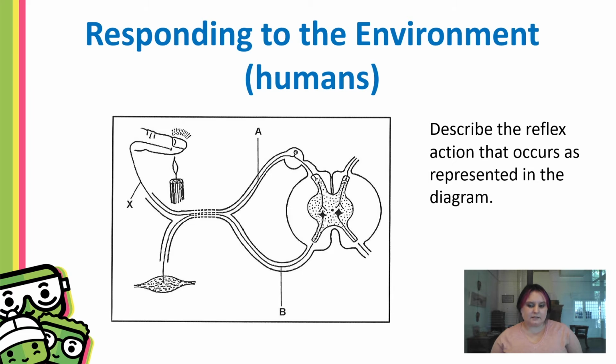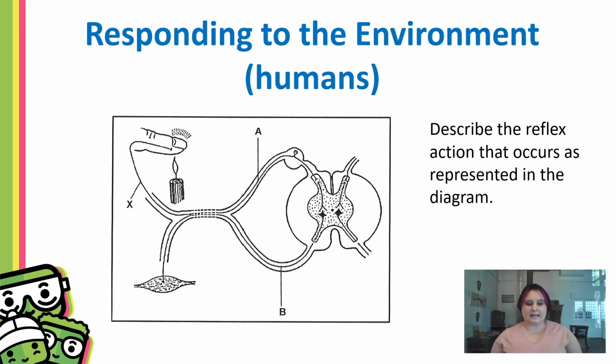In this case, if we look at the picture, what can we see? We've got a finger being held over the flame of a candle. Then on the right-hand side of the picture, we've got the spinal cord. And finally, if we move to the left at the bottom of the picture, what we have is a muscle. And so we are going to describe this reflex action that is occurring.